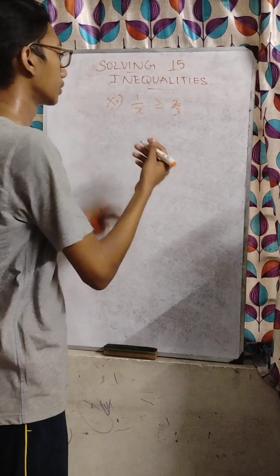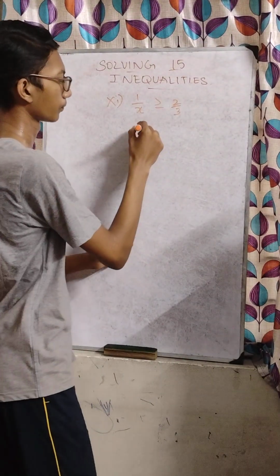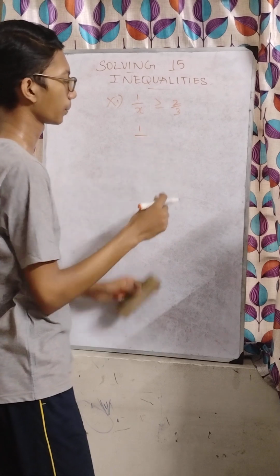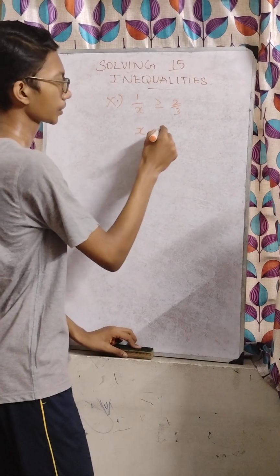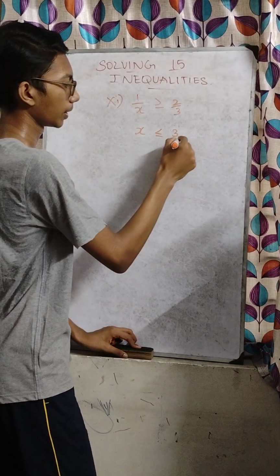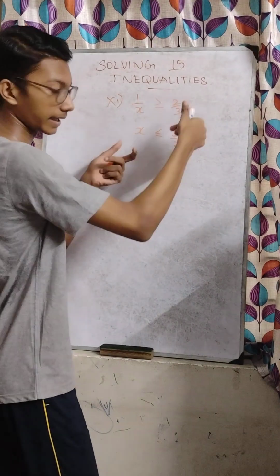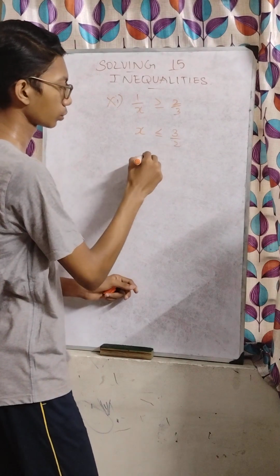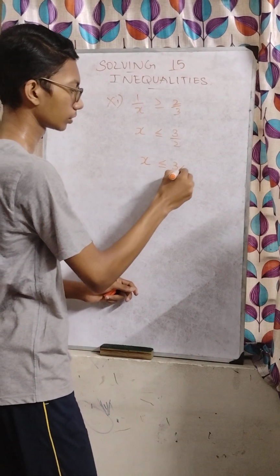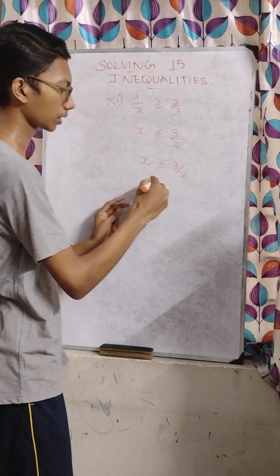How we will solve this is, first we can take the reciprocal. That can be the first step. So x is less than or equal to 3 by 2, because since we are taking the reciprocal, we need to change the inequality sign. So this is one part of the answer.